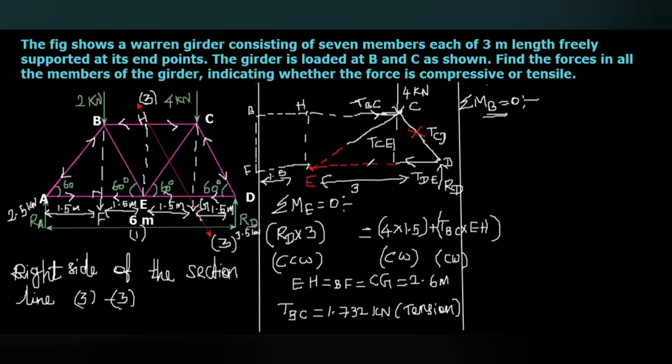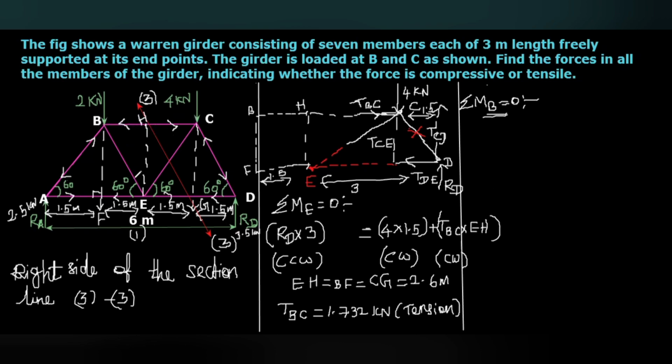So when I take moment about B, first of all, we can take this RD that is acting here. I just take this vertical, this distance is 1.5.